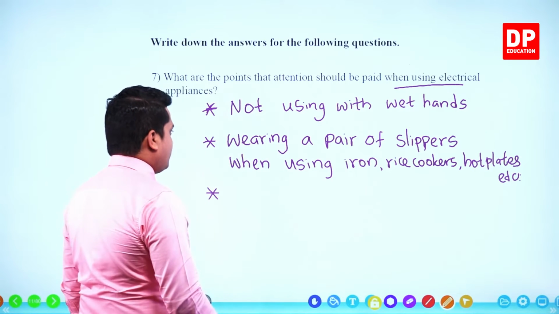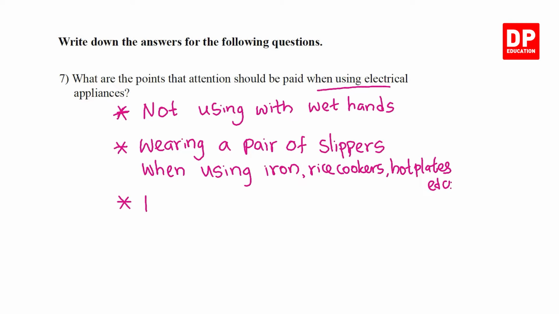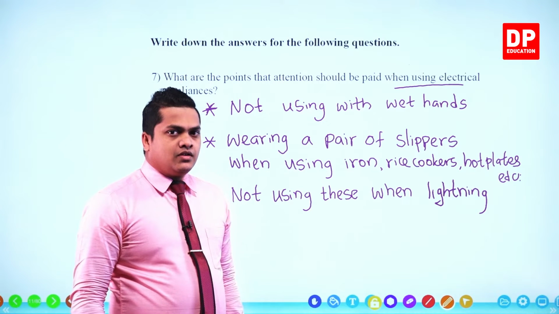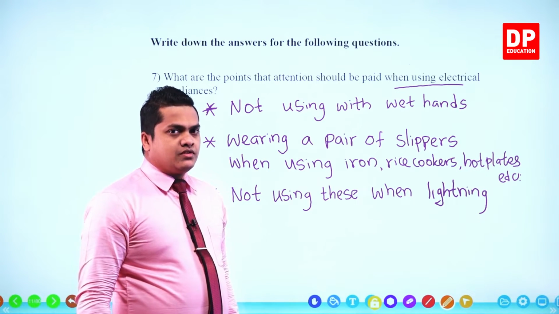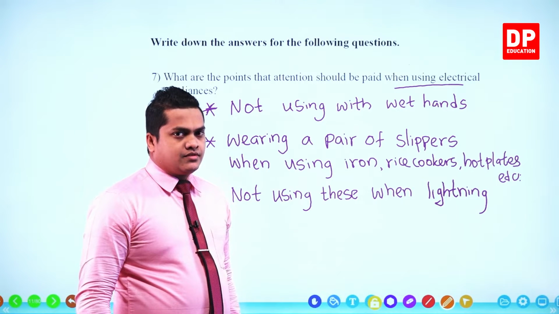So the next one would be not using these when there is lightning. When there is lightning, we should never use electrical appliances.